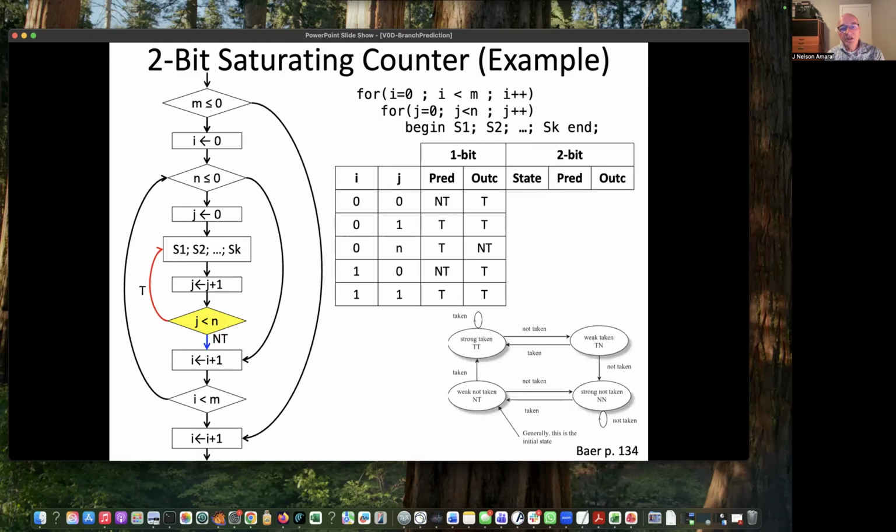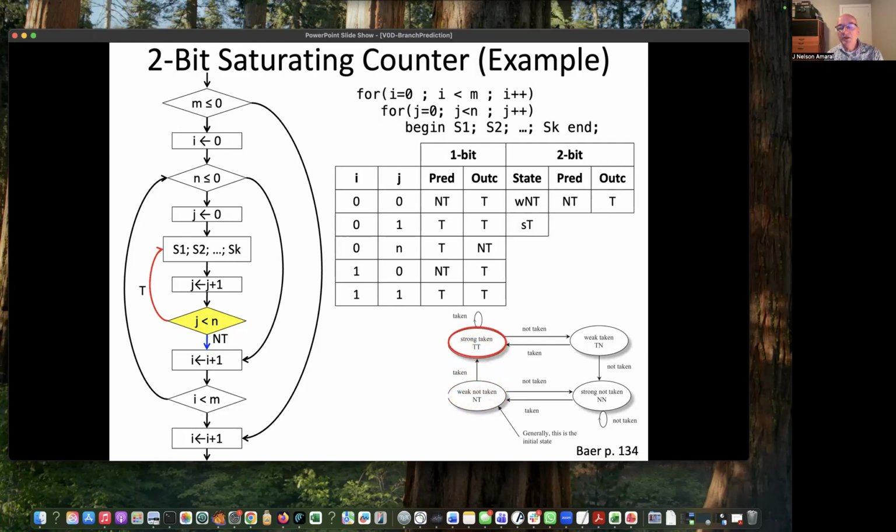Now I will change my predictor to be a 2-bit saturating counter predictor using the finite state machine that we just described. So in my new predictor, again, in the beginning, I will assume that the state of the predictor is weak not taken. That is a reasonable assumption for most of the simulation studies that we do. So I'm in the weak not taken state. The prediction is not taken, but the outcome is taken.